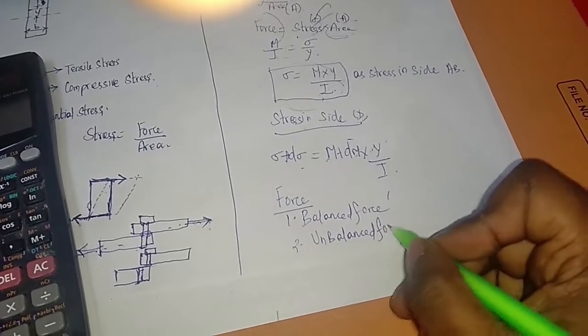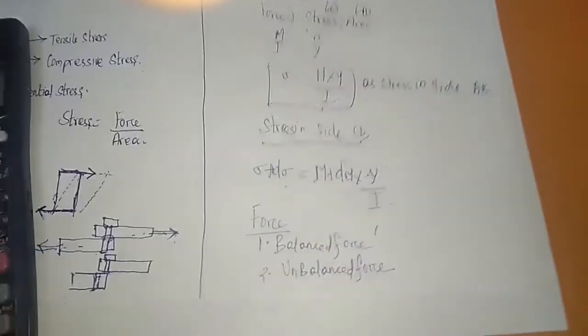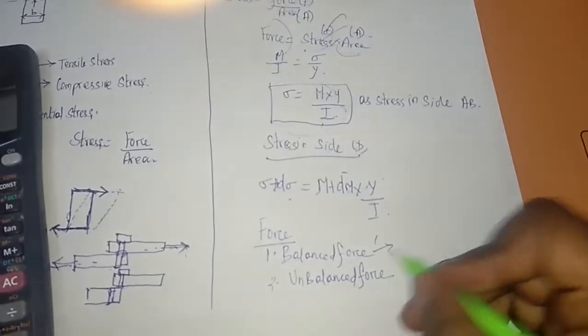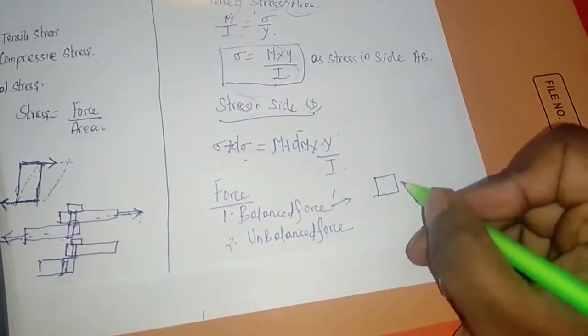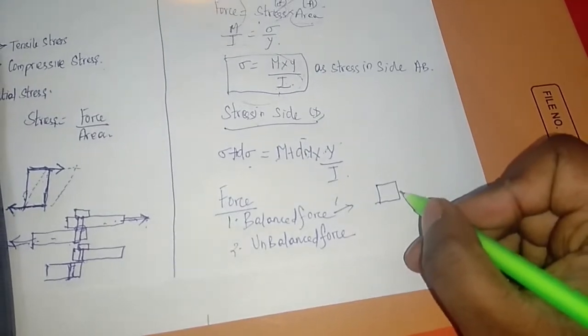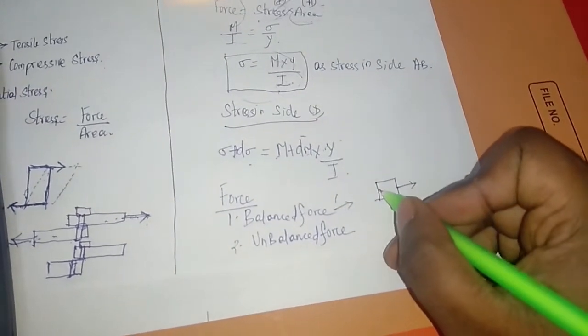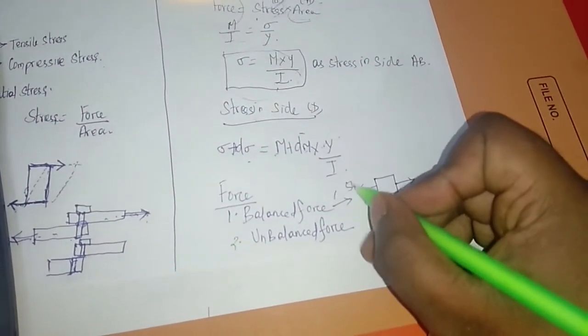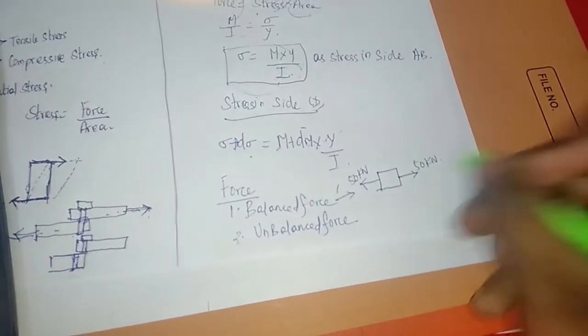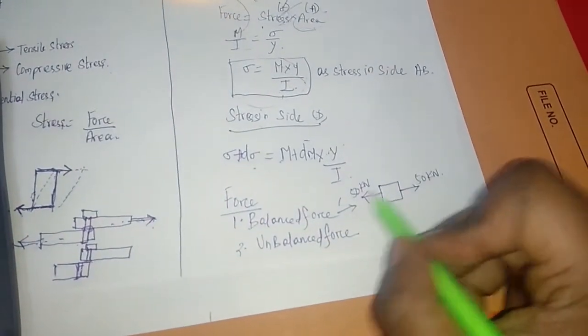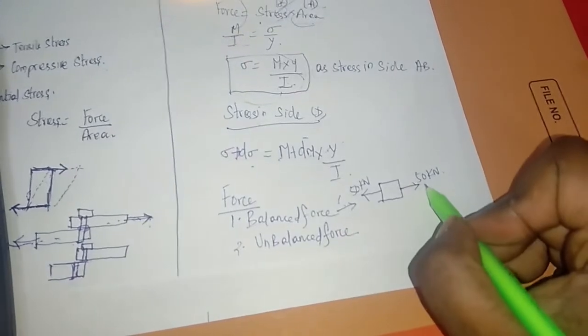Balanced force is, for example, if you take an object, two equal and opposite forces. Here 50 kilonewton force is acting, and here also 50 kilonewton force is acting. On this side also 50 kilonewton, on this side also 50 kilonewton.